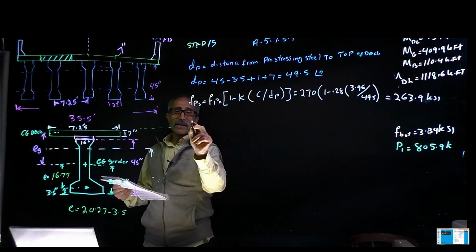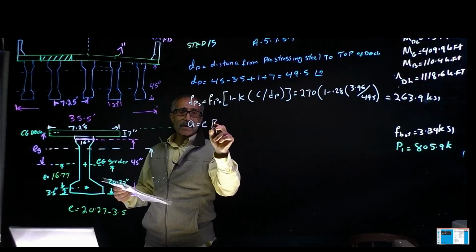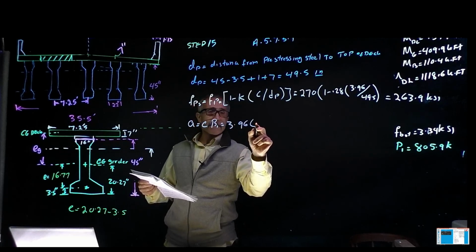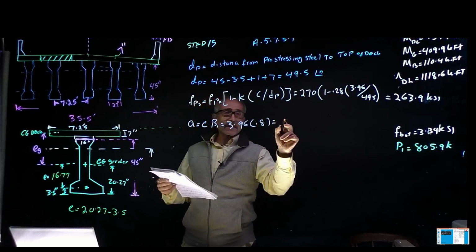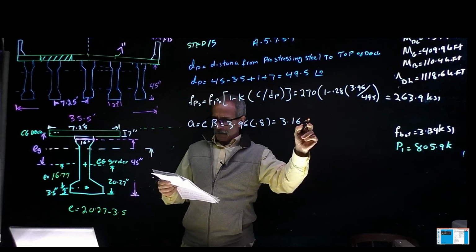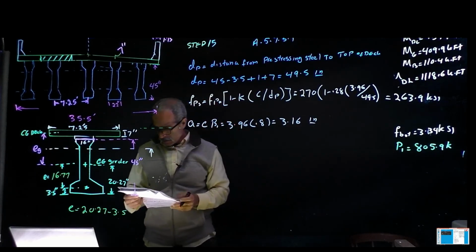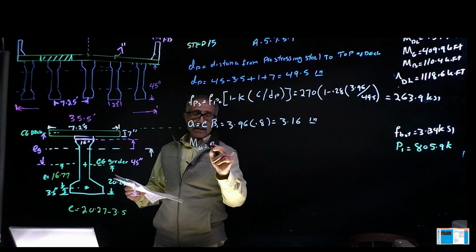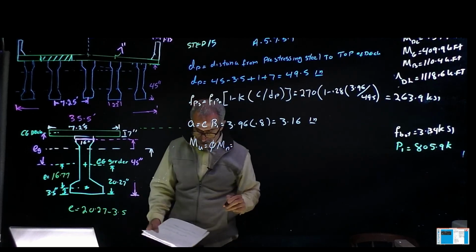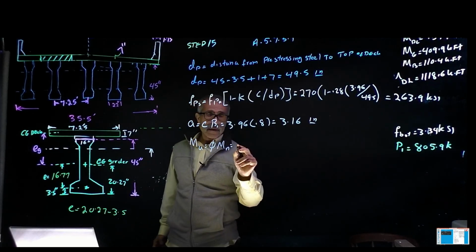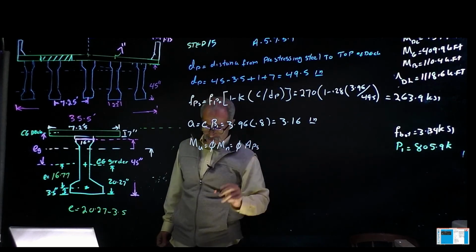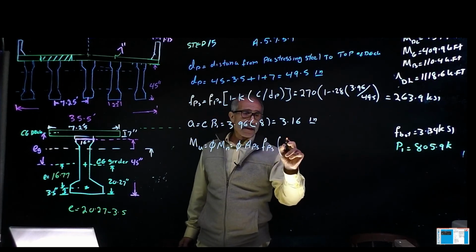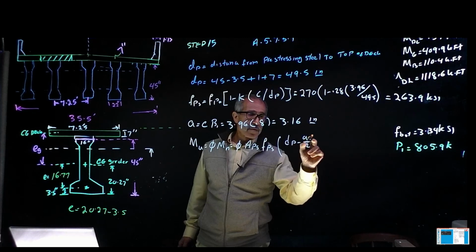So now we have that. We're going to calculate a here. a basically is c times beta 1. And we had that 3.96 times 0.8, and that gave us 3.16 inch. That's the stress block. And then we're going to calculate the M_u, which is basically phi times M_n. And that's going to come out to phi times A_ps times f_ps, and then times d_p minus a divided by 2.